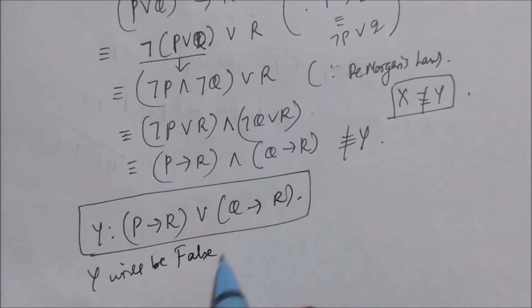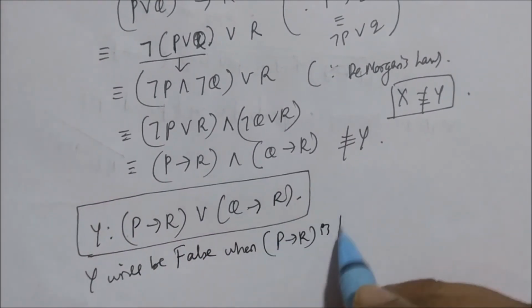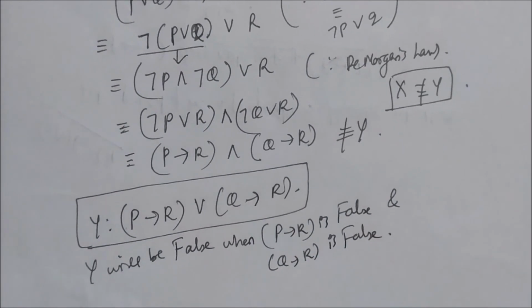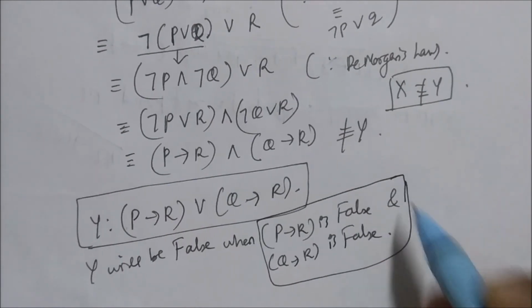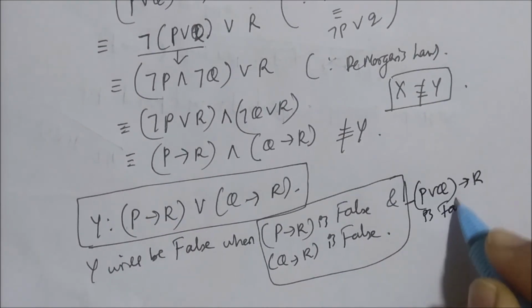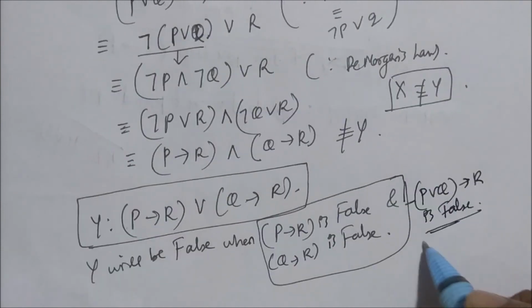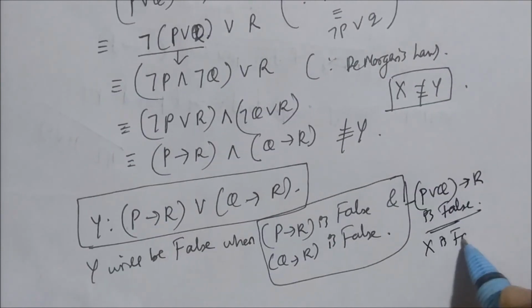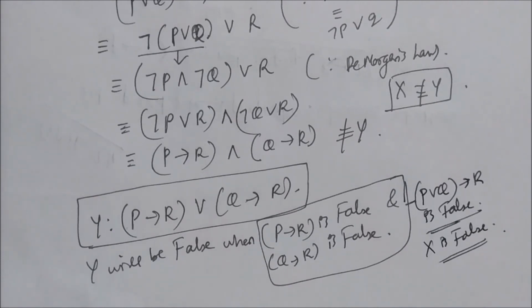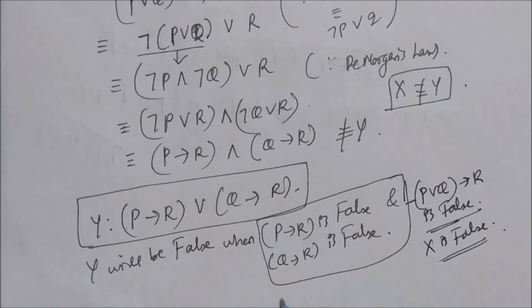When P implies R and Q implies R are both false, then Y is false. So when P implies R is false and Q implies R is false, P or Q implies R is going to be false, which means that X is going to be false. X is not going to be true when Y is false. That is the meaning. So when Y is false, X is not going to be true.